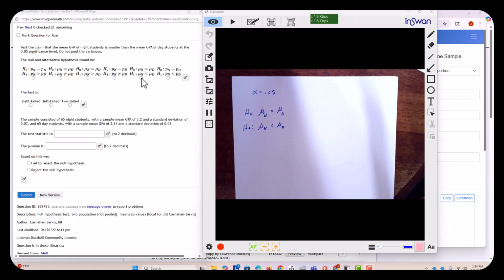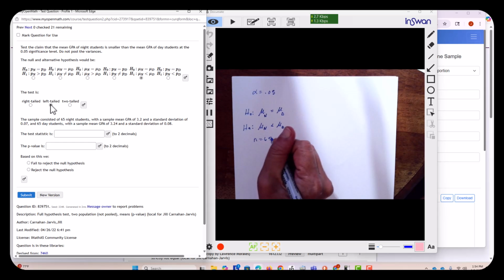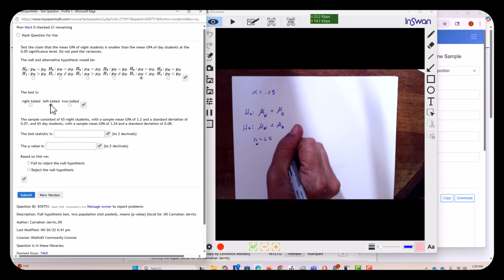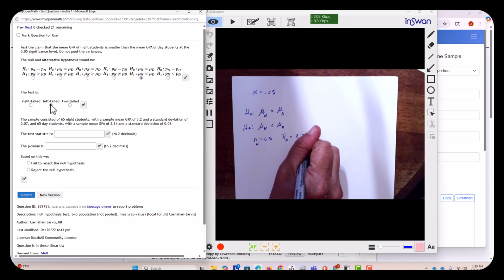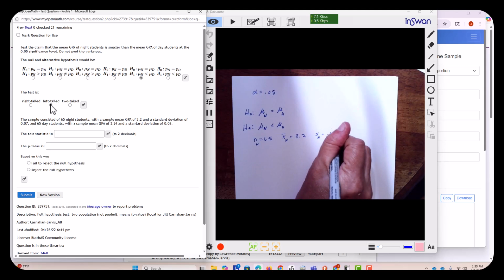Less than, so it's going to be left-tailed. Okay, we're given that N sub night students is equal to 65. And we're given that the sample mean, X bar of night students, is 3.2, and the standard deviation of night students is 0.07.